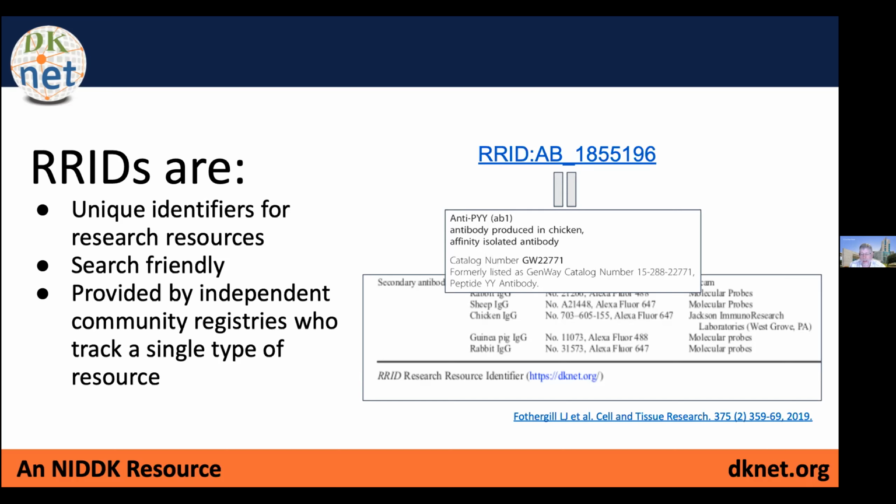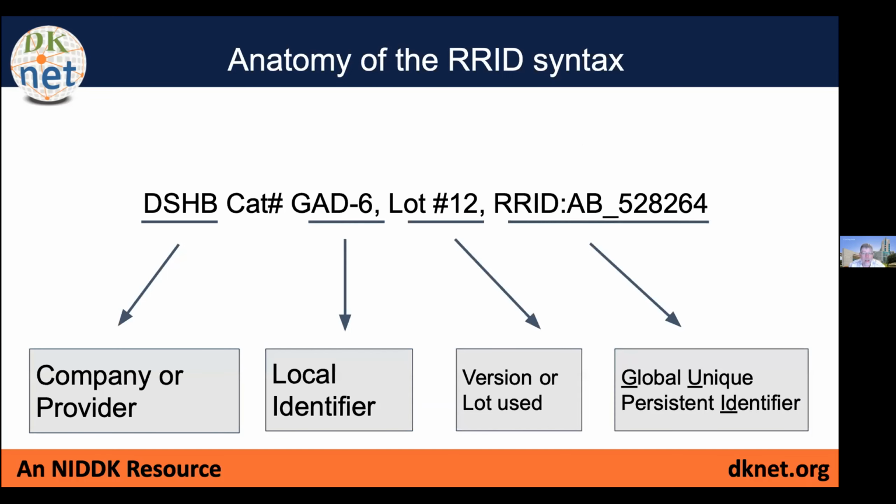So there's Mouse Genome Informatics, which deals with mice. There's RGD, the Rat Genome Database. So we're pulling information from multiple community authorities in terms of the organisms. But basically, each of these community registries tracks the resources, and then the RRIDs are generated from those identifiers.